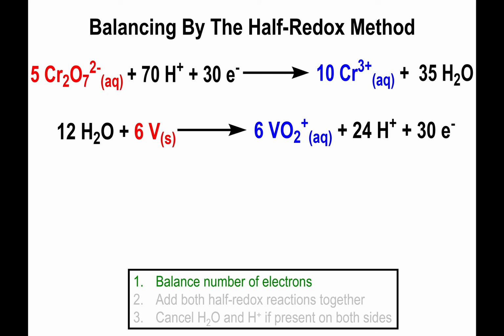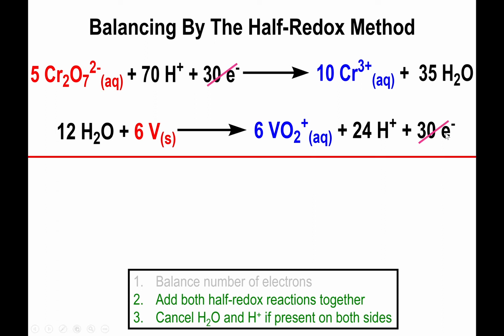What we do now is we bring the equations together. We literally add them up. And anything that is present on both the left side and the right side of the equations has to be cancelled out, or at the very least, cancel out such that you only end up with the component on only one side of the equation.